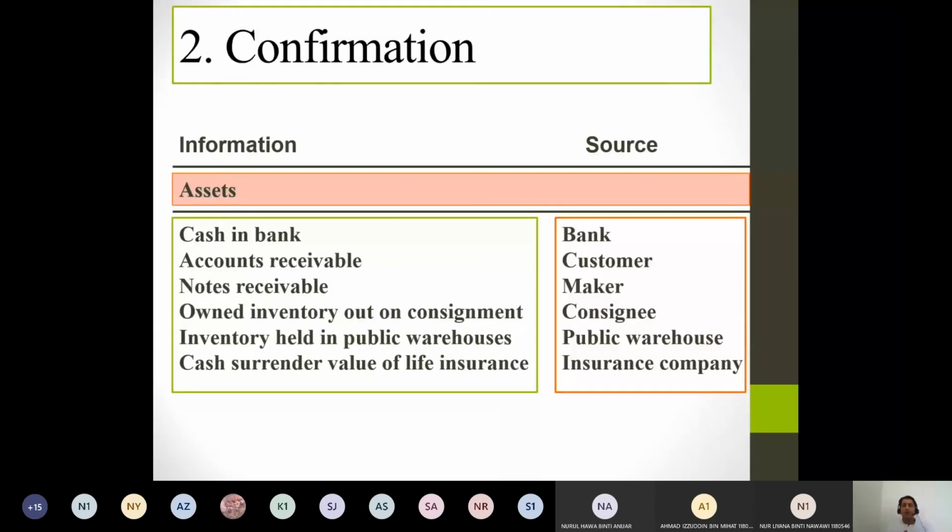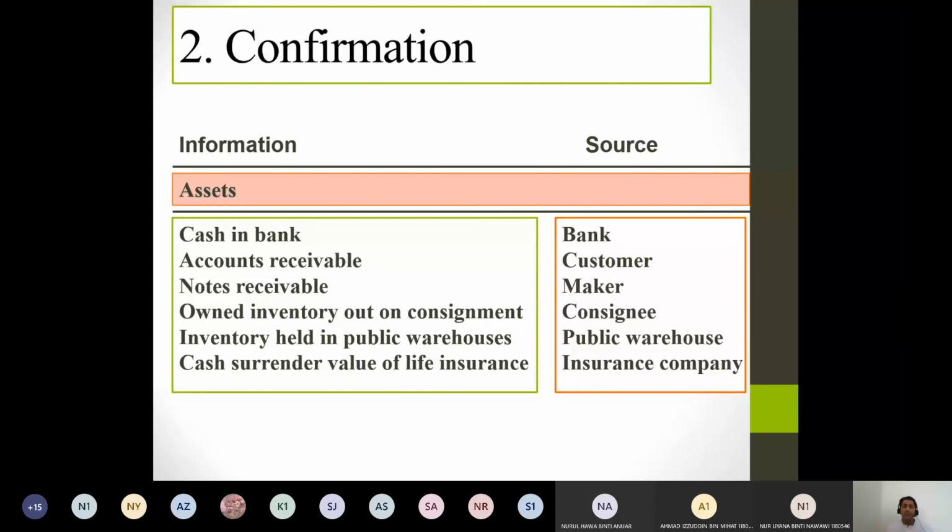Okay, so next is confirmation. When we see confirmation, we have two types: one is to confirm the assets, and next is to confirm the liabilities. So remember when we discussed in the previous chapter the management assertions about the financial statements, one of the assertions is about the assets.